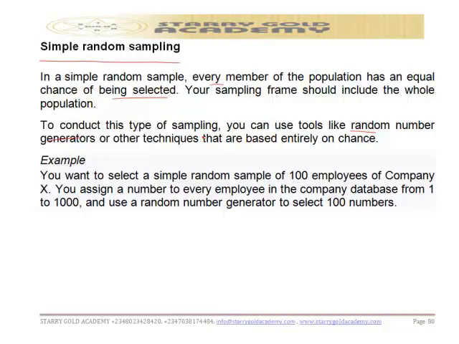For example, to select a simple random sample of 100 employees of company X, which has 1000, you assign a number from 1 to 1000 to every employee in the company database, and use a random number generator to select 100 numbers.